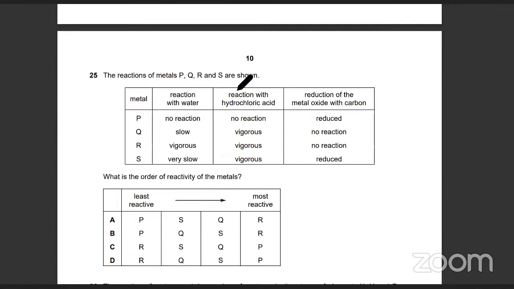So 25, इनमें से कौन? Which one is the most reactive? R is the most reactive. P is the least reactive.